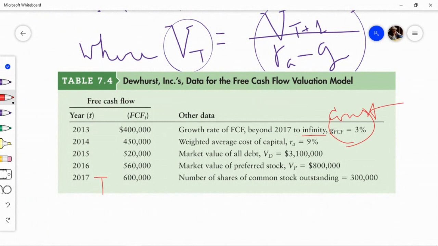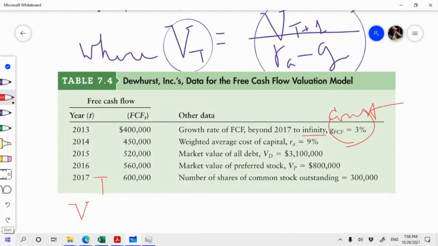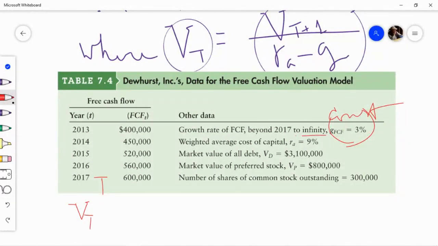Use the Gordon growth model for the value of the firm at time t, as of the end of time t. Then it's the Gordon growth model, right?